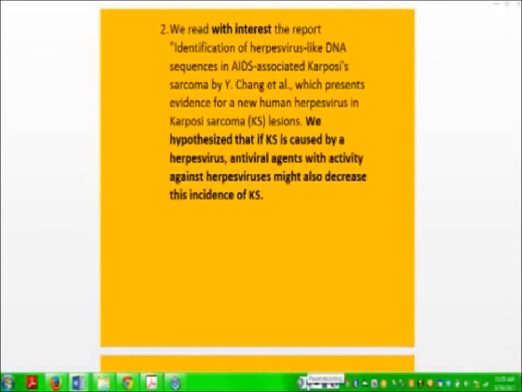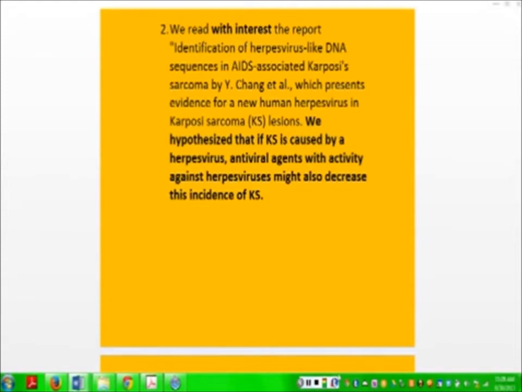Now, in the second example, we read with interest the report. Interest, that is, because the report is interesting, again, that's a positive value. But words like interest are often vague. So it can be very important that even if you express a value, positively or negatively, that you give the reason why the value is true.